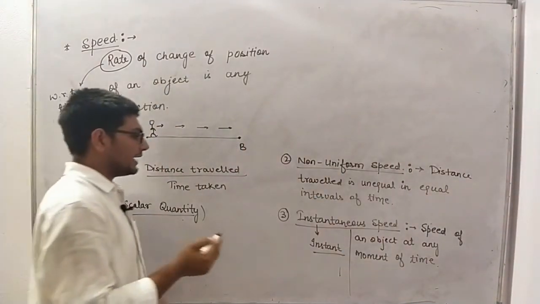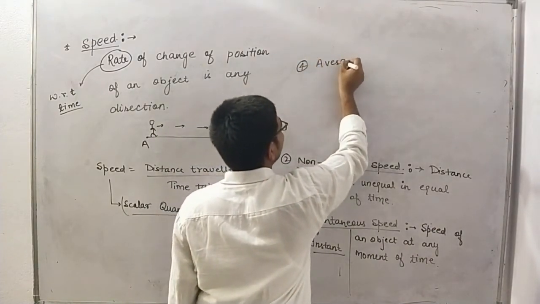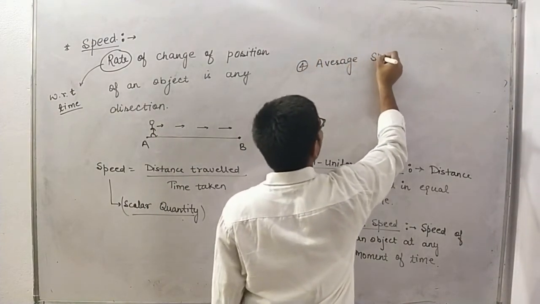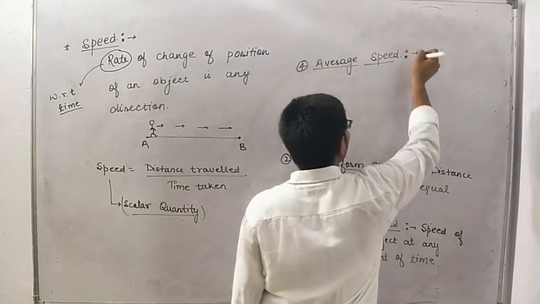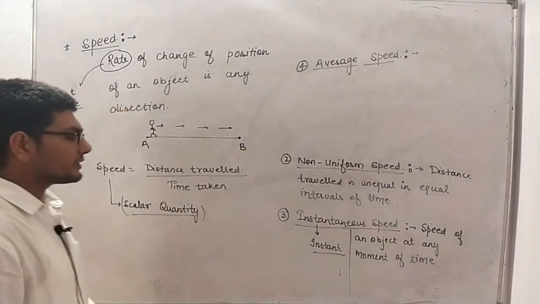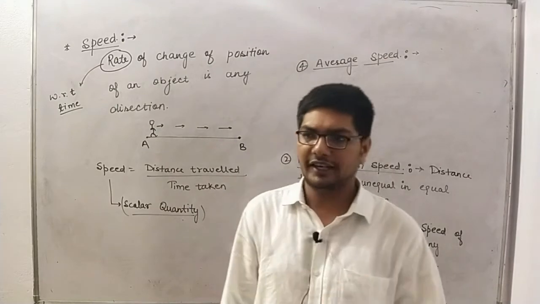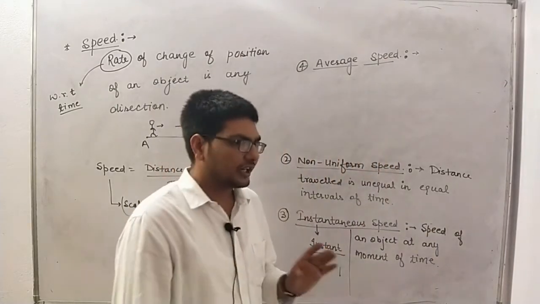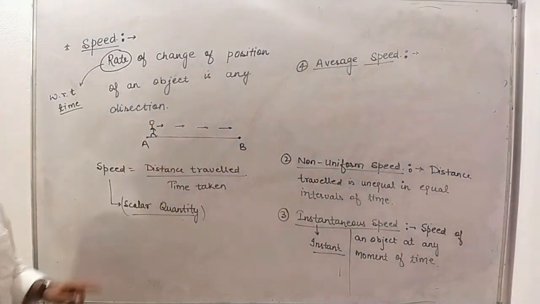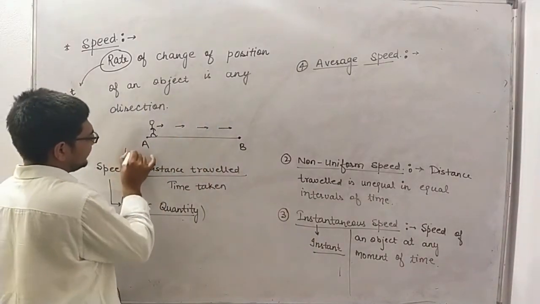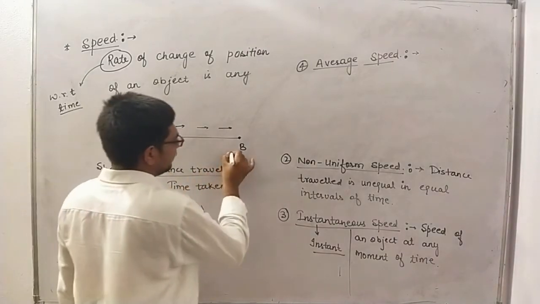The fourth type of speed is average speed. Average speed, what does it mean? In our daily life, generally we come across the average speed. For example, this is point A to point B. Suppose that this point is New Delhi and this point is Mumbai.